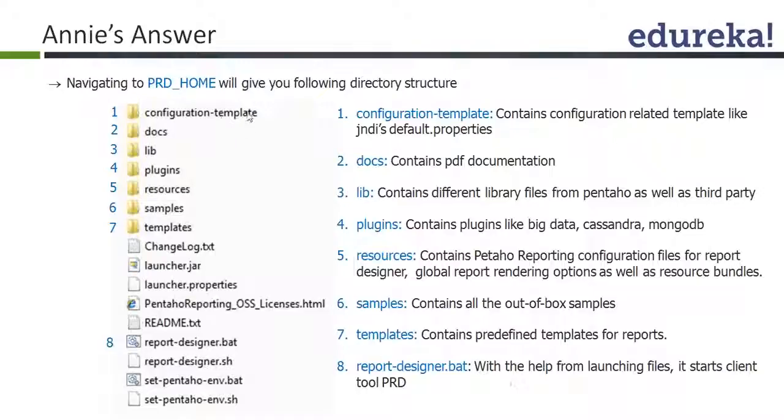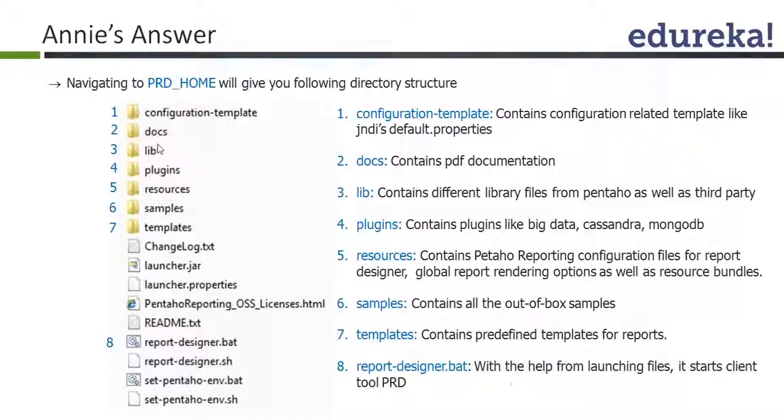The configuration template is there, and docs. The configuration template contains configuration related templates, like if you want to configure JNDI, your username, password, hostname, then this is the place where you should go. Then docs, if you want to dive deeper, read more material, then docs are available. Again, docs may be referring to a previous version. I already mentioned that in the last module, last session.